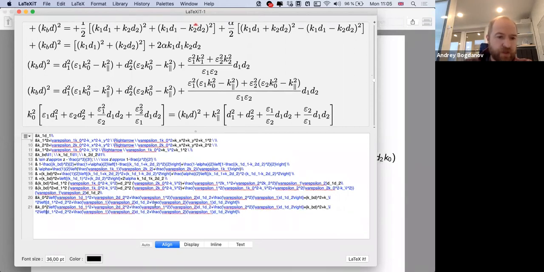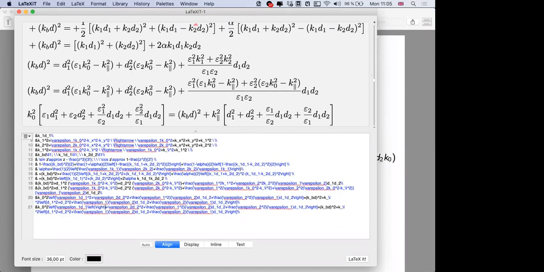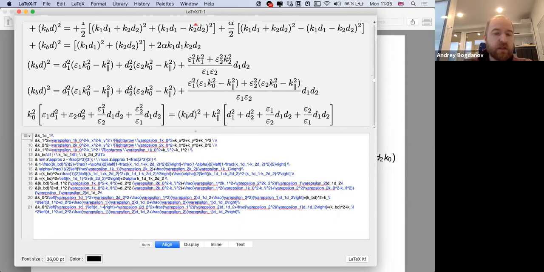So epsilon 1 d1 is a common factor. And what is inside the bracket? d1 plus epsilon 1 over epsilon 2 d2. Yes, d1 plus and ratio. And here d2, and here ratio epsilon 1, and here epsilon 2, yeah?